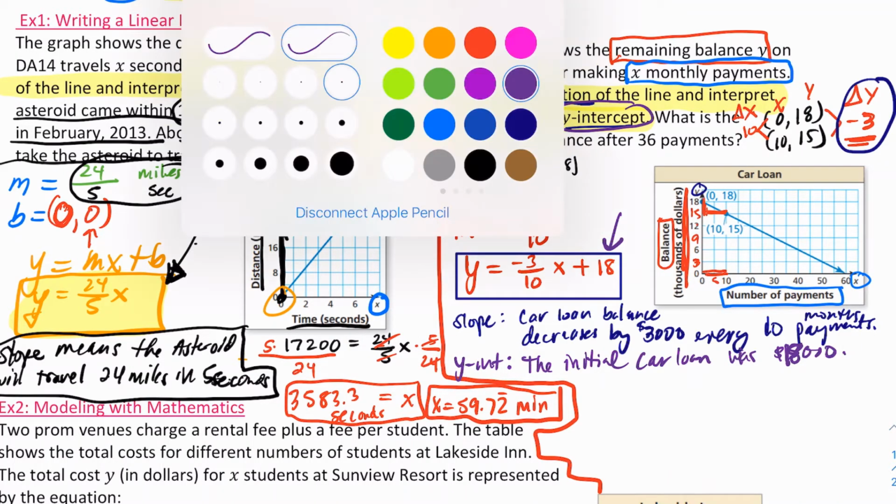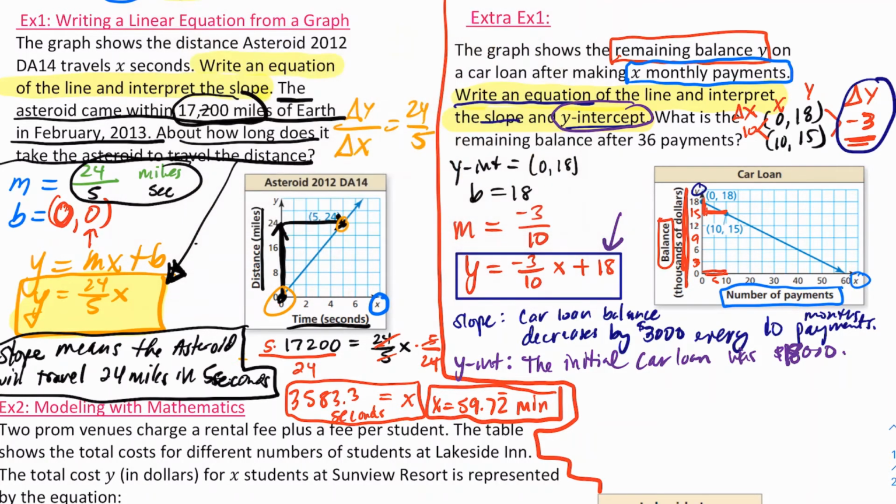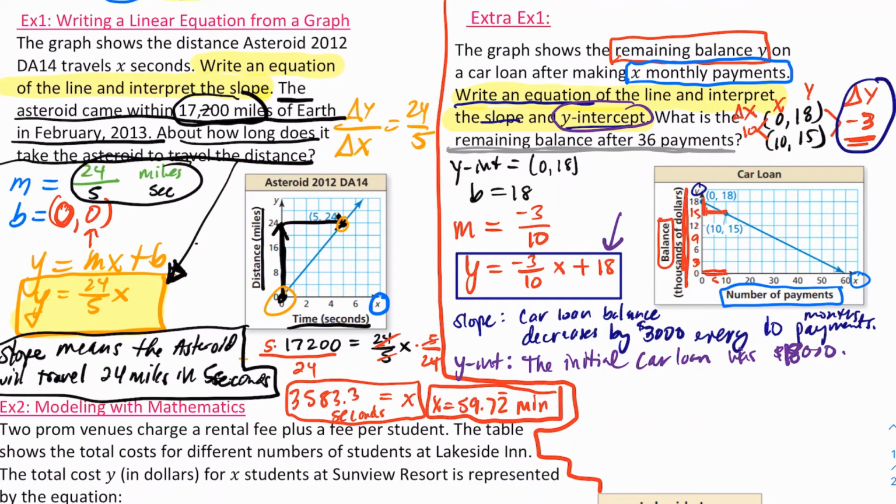The last question asks what is the remaining balance after 36 payments? So you've paid 36 payments, and then how much money do you have left? It's hard to use a table here because we don't know exactly where 36 is, okay?